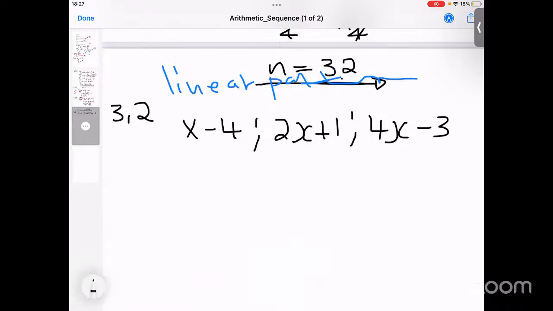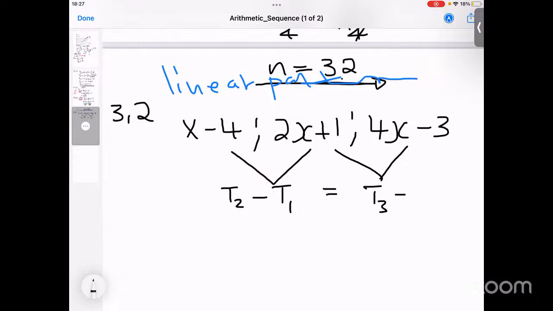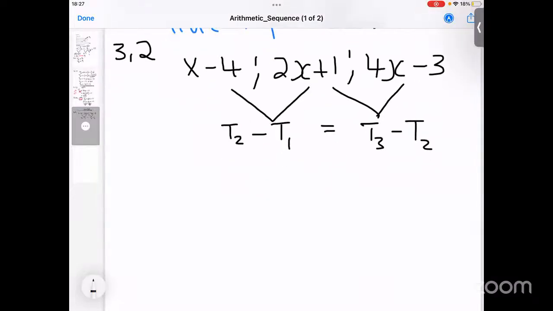What we know is that when we say term 2 minus term 1, it must be equal to term 3 minus term 2. There you are having your equation, whereby all that you need to do is to take your term 2. What is your term 2?